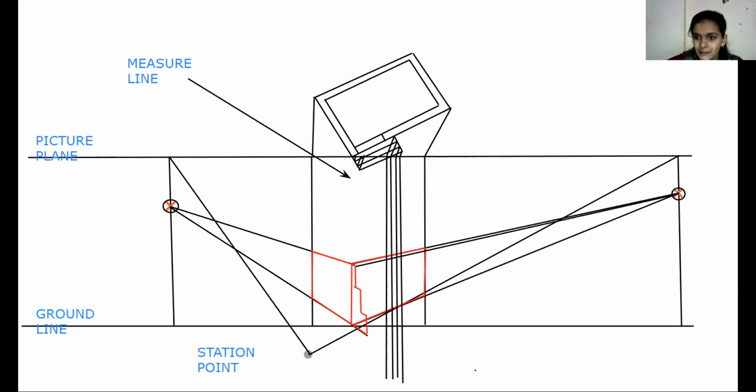The second line, third line, sorry, I have drawn the fifth line. It's the fourth one. The remaining are 6 and 7.